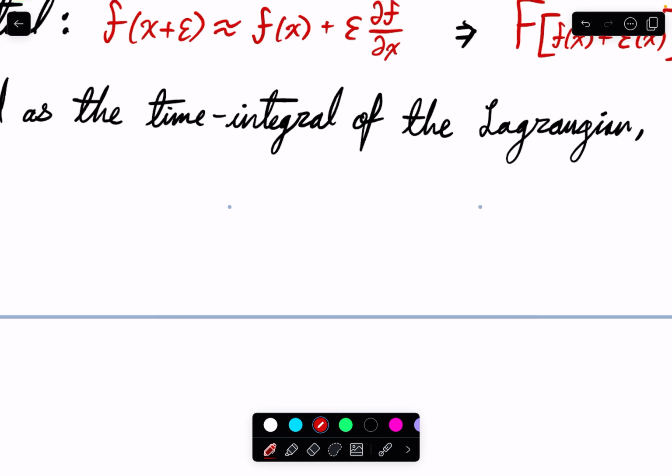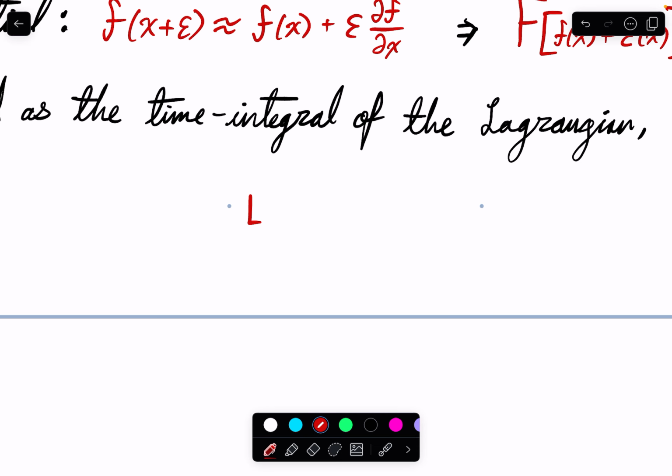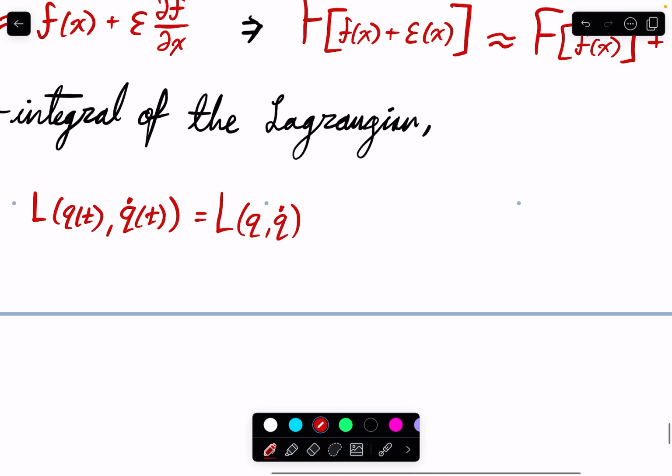And the Lagrangian is the function L, which is a function of some coordinate trajectory and then the rate of change of that coordinate trajectory, which we typically just rewrite as L of q and q dot, and it's equal to the kinetic energy minus potential energy.